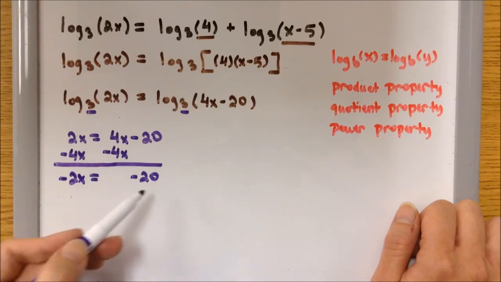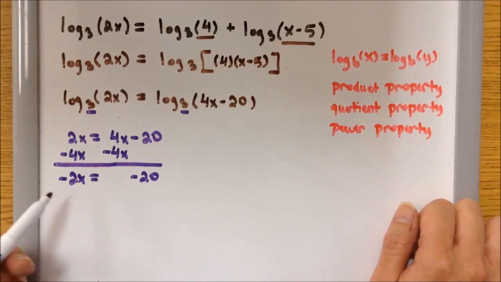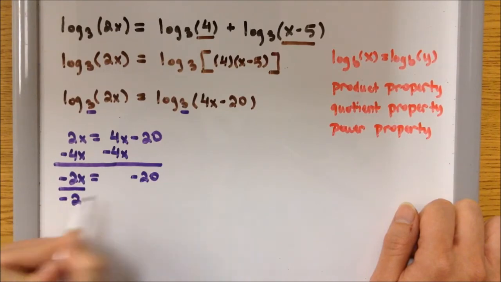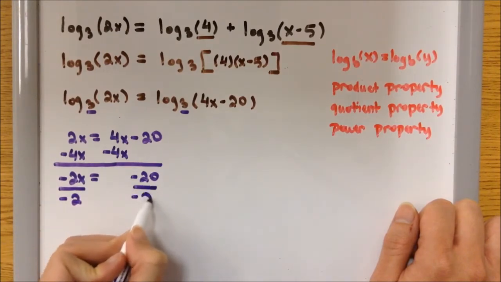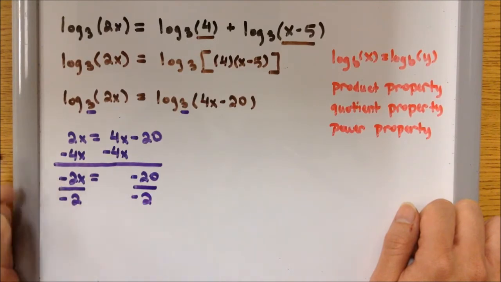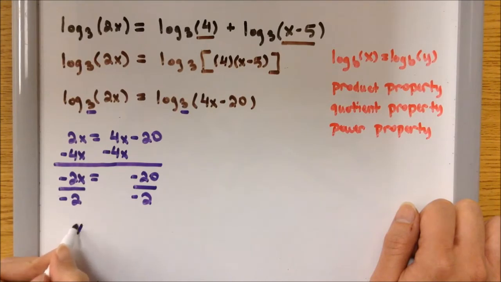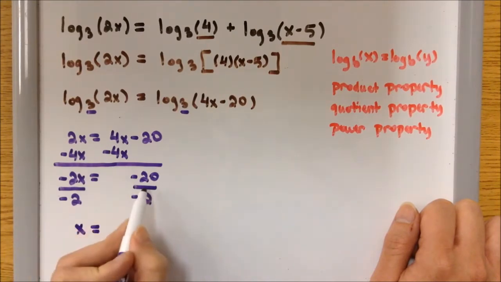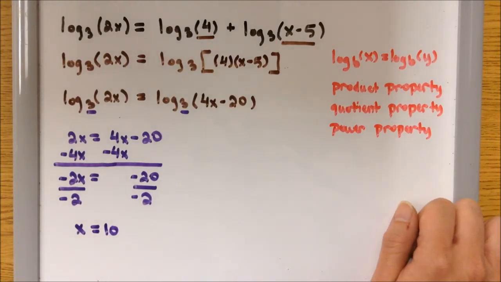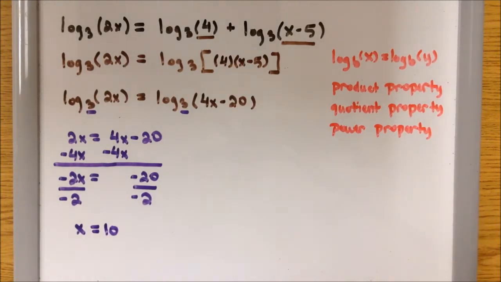Now we have negative 2x equals negative 20, and I want to get x by itself, so I'm going to divide by negative 2. So doing so, negative 2x divided by negative 2 is just x. Negative 20 divided by negative 2 is 10. So x equals 10.